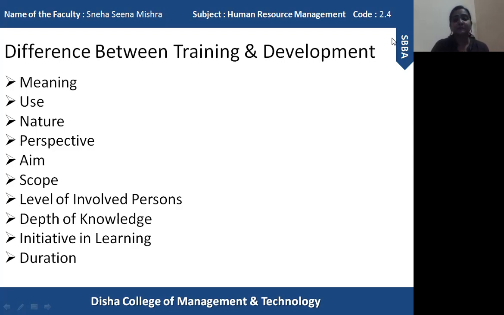Next one is nature. Nature is also an important point of difference. The nature of training is that it is job oriented. It is meant for a specific job. But development is career oriented. Development is more focused on the overall career of a candidate, of an employee, so that he or she can move ahead in the career.